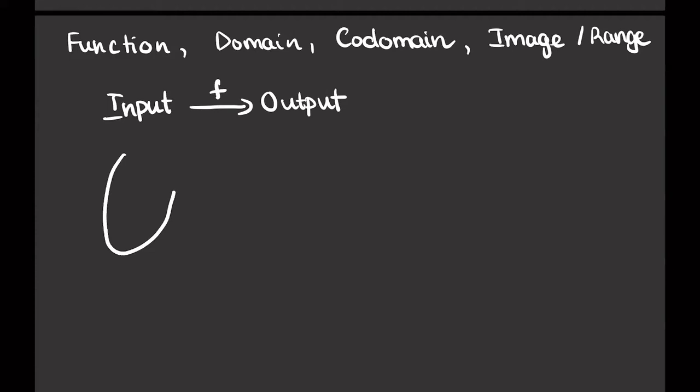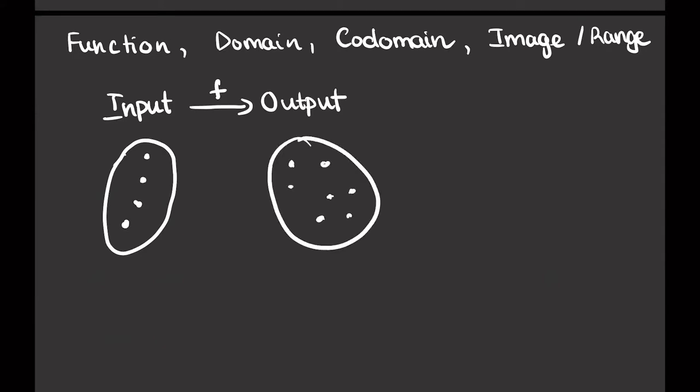So in order for it to be a well-defined function, let's say this one is the domain and this one is the codomain. In order for it to be a function, every element in the domain has to be mapped to some point in the codomain. So you can map it like this.